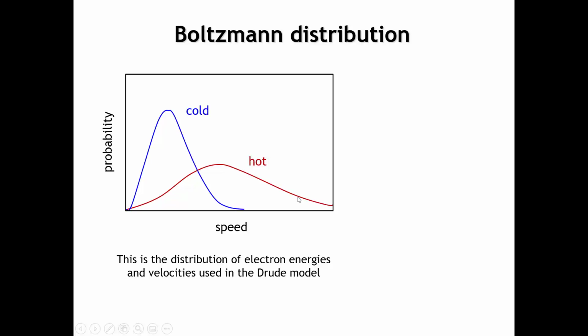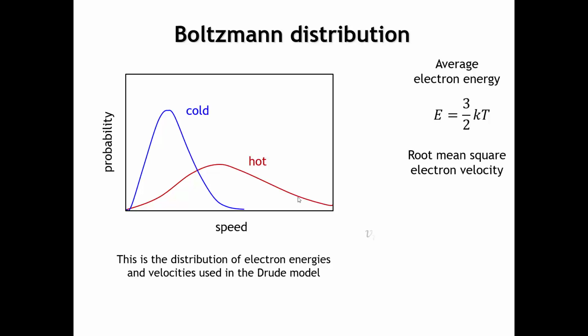But here, what we're thinking about is the electron. What's the energy of the electron? Well, in a Boltzmann distribution, the average energy of the moving particles is 3/2 kT, where k is the Boltzmann constant and T is the absolute temperature. Well, we can calculate the root mean square velocity from this distribution. The kinetic energy of the particle, E, is equal to 1/2 mv squared.